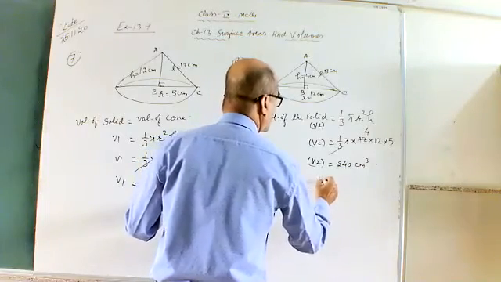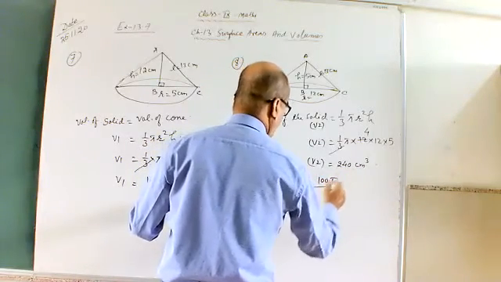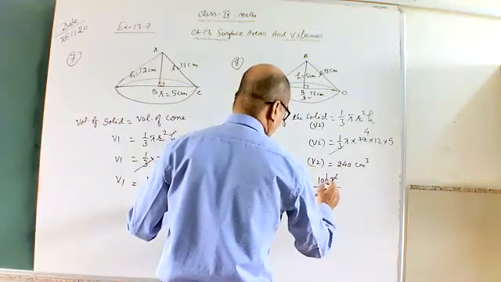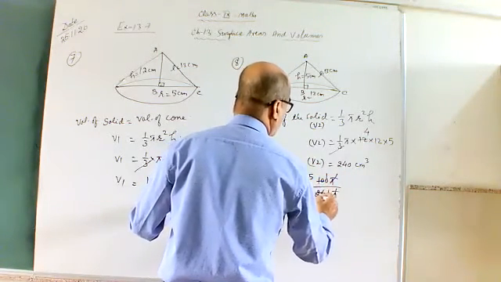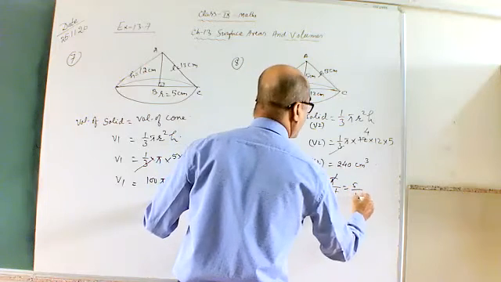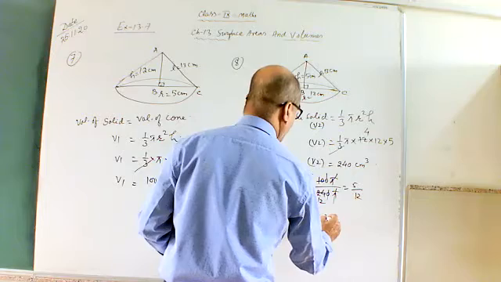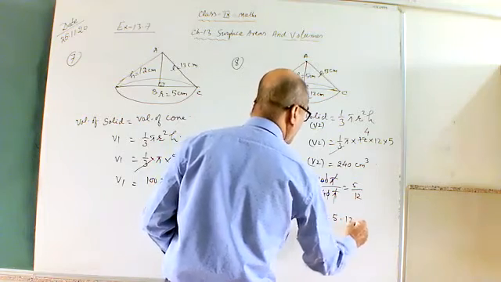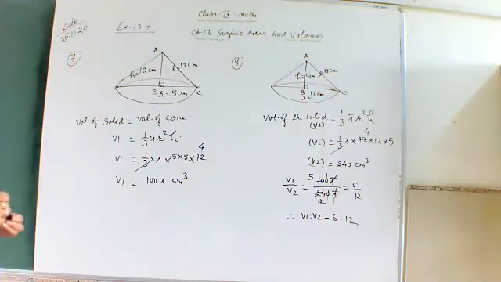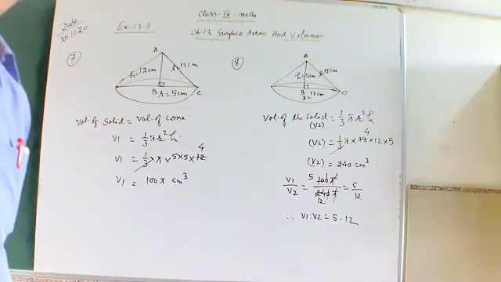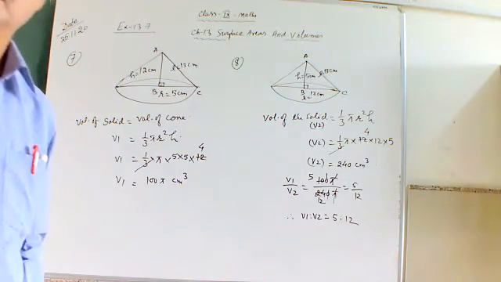So V1 was 100 pi by 7 and V2 is 240 pi. So cancel common factors, 2 5s are and 2 12s are. That is 5 by 12. So therefore, ratio of V1 and V2 will be equal to 5:12. Right? Is it clear? Yes, sir.